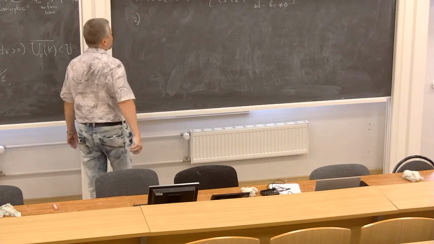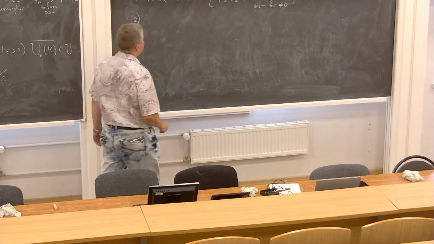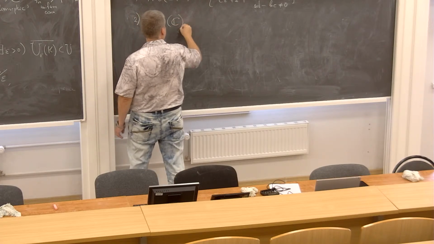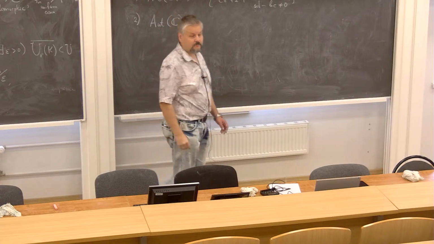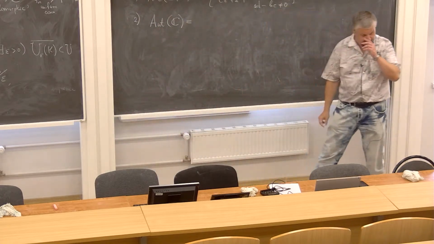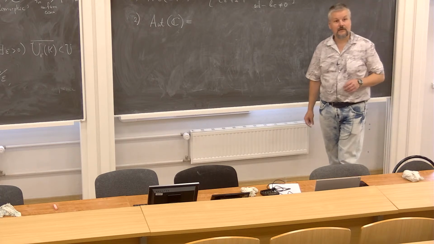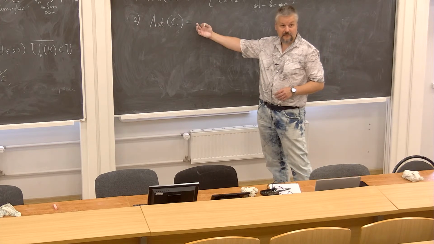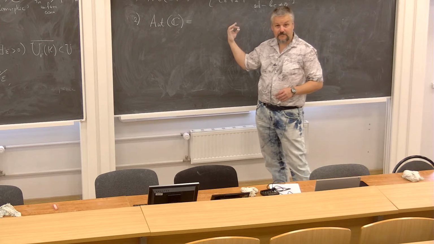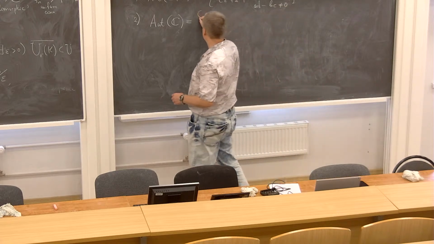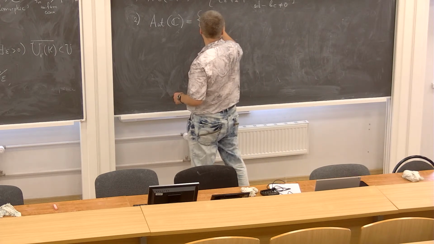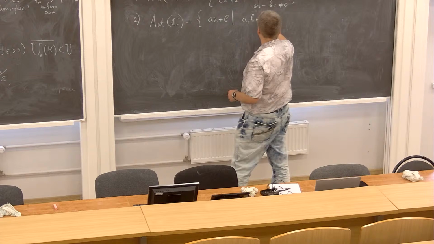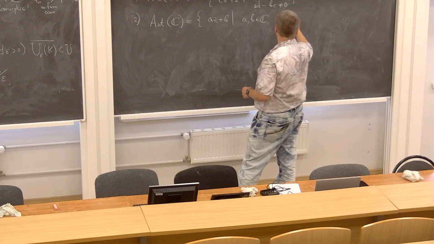Now, the second claim is about the automorphism group of C. Yes, this is the group of all affine transformations, AZ plus B, where A and B are complex numbers and A is not equal to 0.